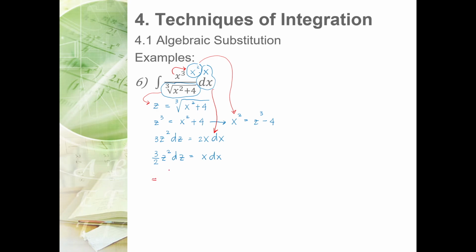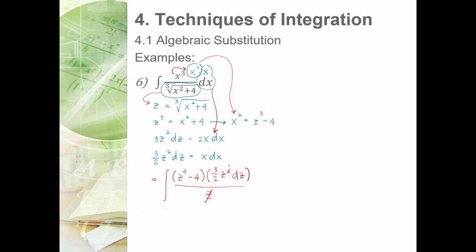Okay, so we're now going to replace or substitute the different variables. So x squared now is z cubed minus 4. And then x dx is 3 halves z squared dz. Then divided by z parameter. So again, cancel out 1z, cancel out this 1z.